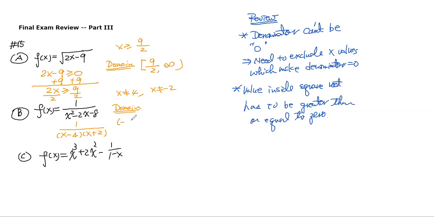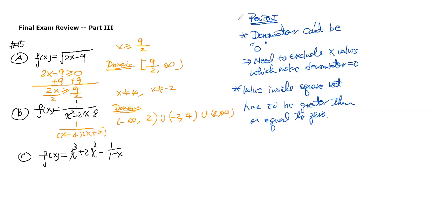So the way you can write it will be negative infinity to -2, right? So you need to use parentheses because the -2 cannot be included. Then you union -2 to 4, right? Then you union 4 to infinity, right? So that is the way. It's like you exclude 4 and the -2 here.